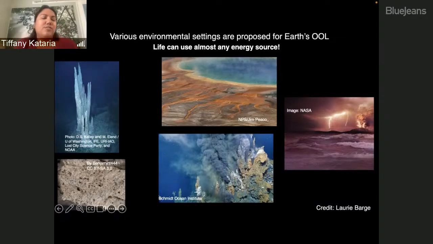Some leading theories: Yellowstone, for example, a lot of these hot springs. Pumice apparently is a very good proposed vessel for the origin of life because it floats on a lot of volcanic surfaces. Same goes for underwater volcanoes, of course, and then finally lightning. But really, ultimately, life can use almost any energy source. So, life finds a way. I'm sure somebody probably said that already, but it really does apply here.